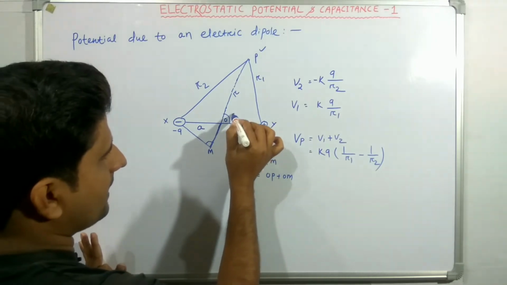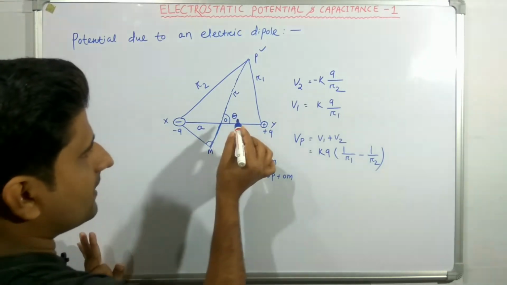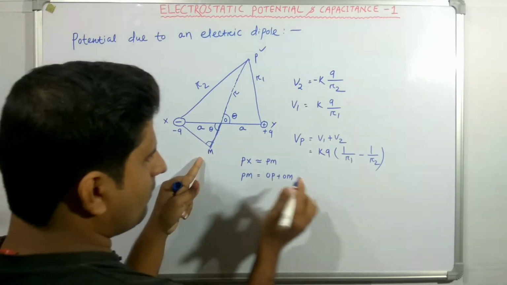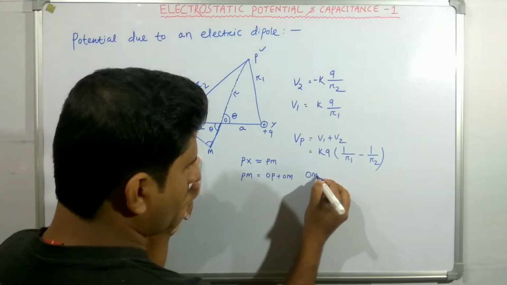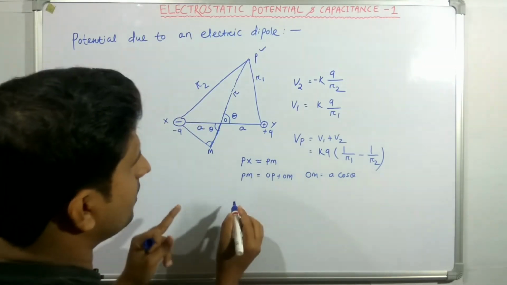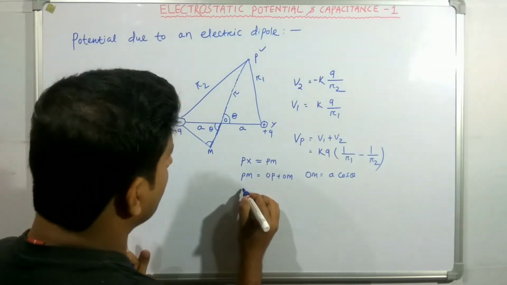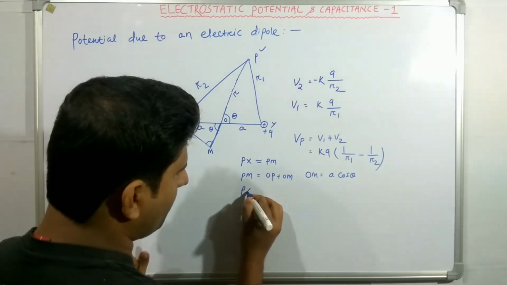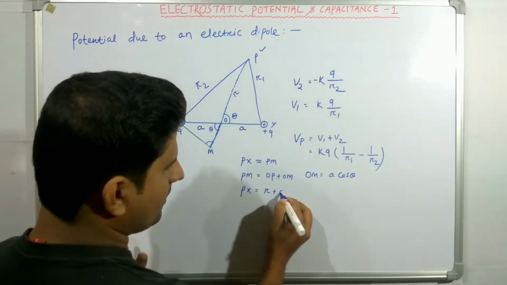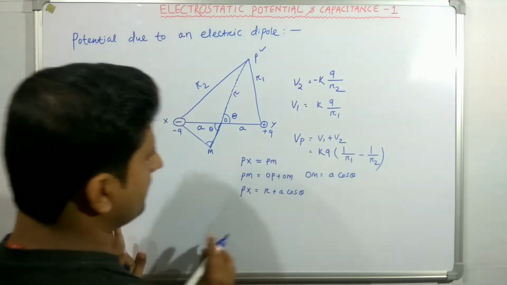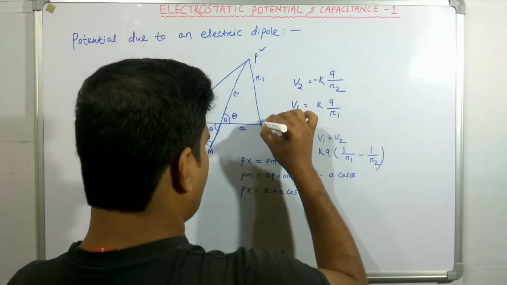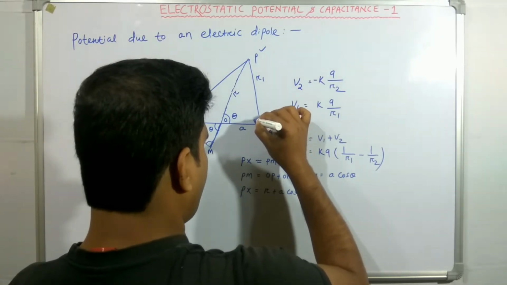Suppose this angle is theta, and this angle is also theta. So OM equals a cos theta. So PM or PX equals OP plus OM, that is, R plus a cos theta.